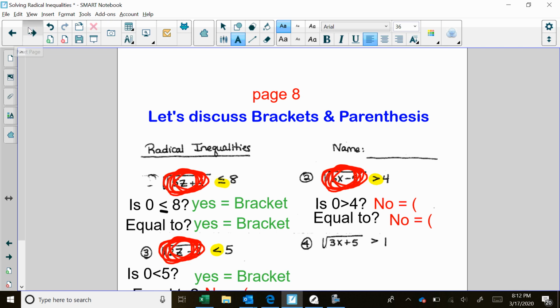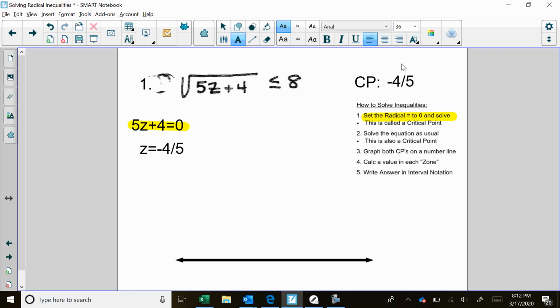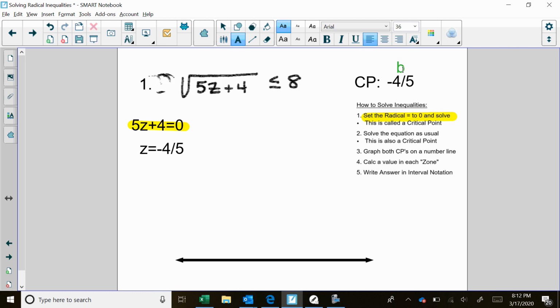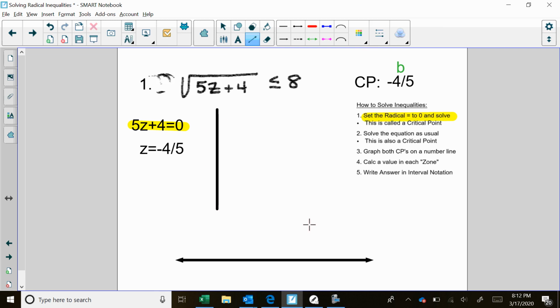Okay, the first critical point. So I'm going to put a green B right here for bracket. Okay, so I'm going to list my critical points up here in the top right-hand corner so we know what they are. Okay, let's lift the problem up a little bit.